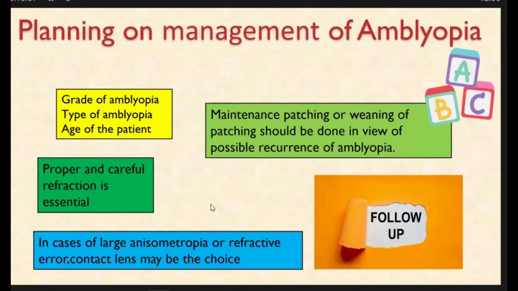First we have to try contact lens, and then after 6 weeks we can start amblyopia treatment. For children less than 3 years of age, refraction needs to be repeated at least every 6 months if we suspect amblyopia. Regular follow-up is another big challenge, and compliance is also a big challenge.